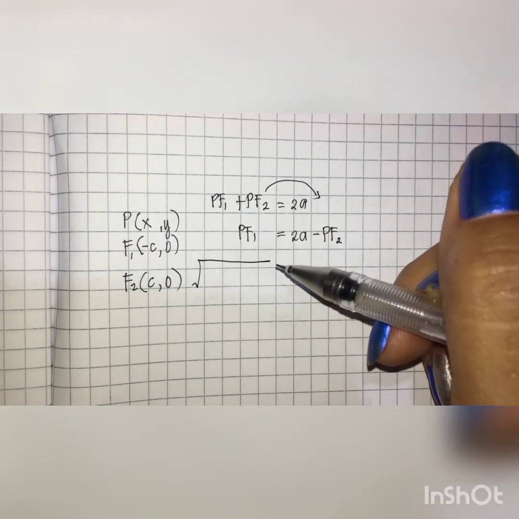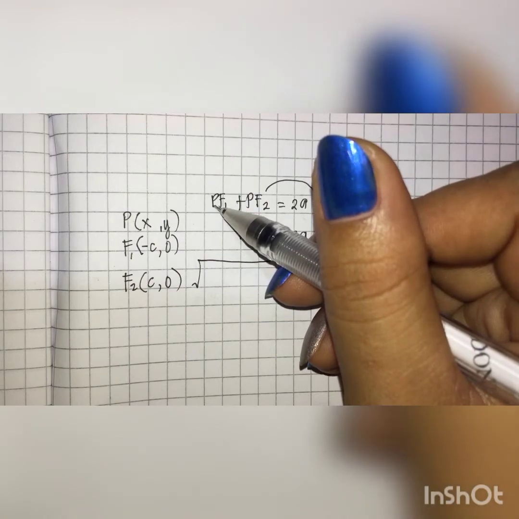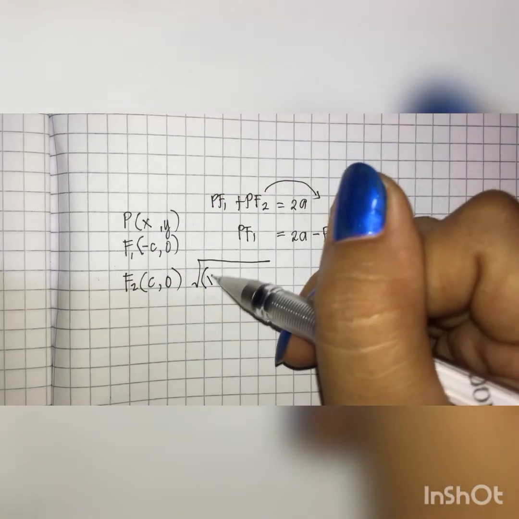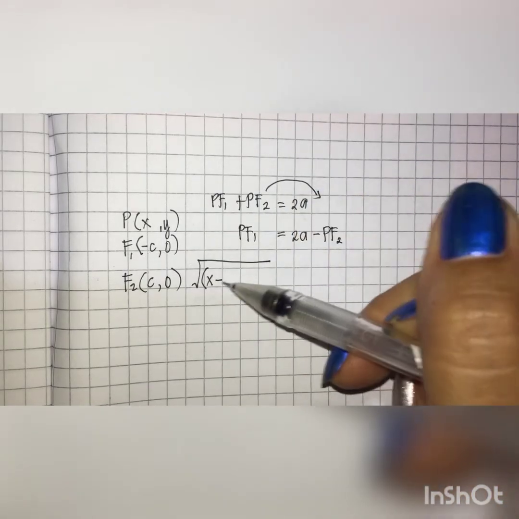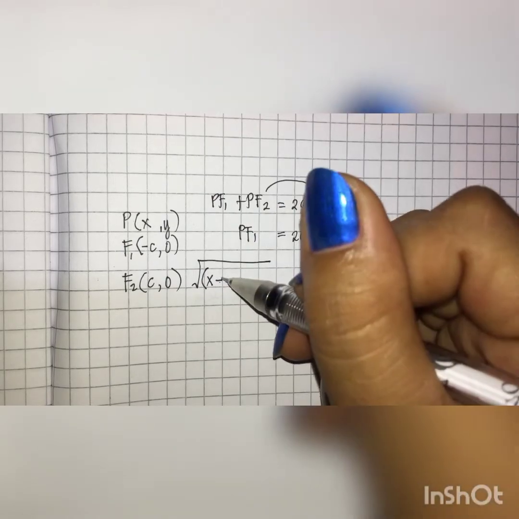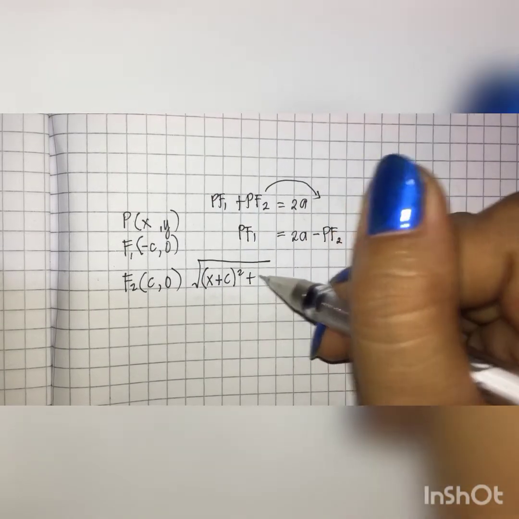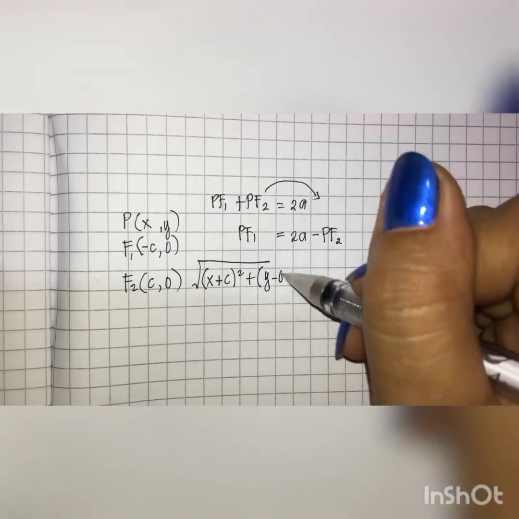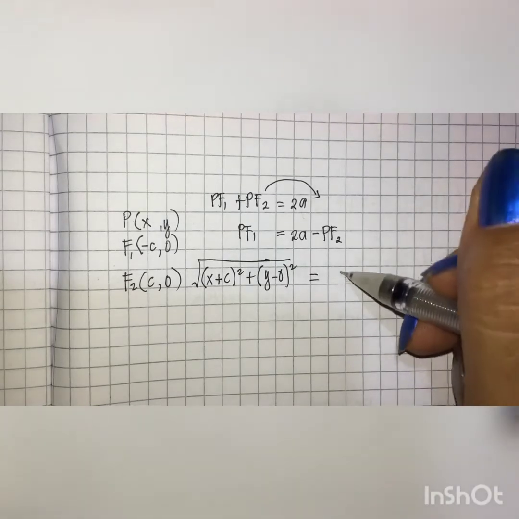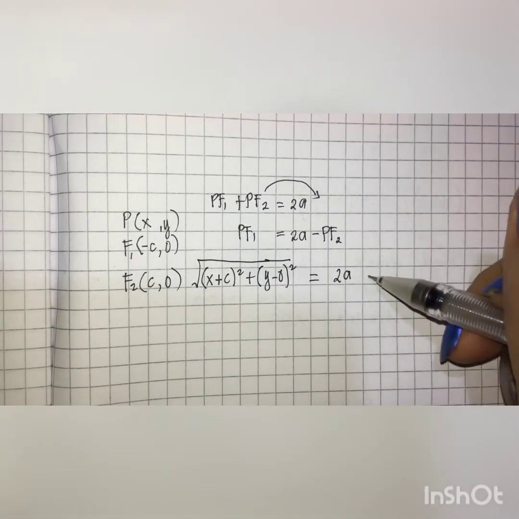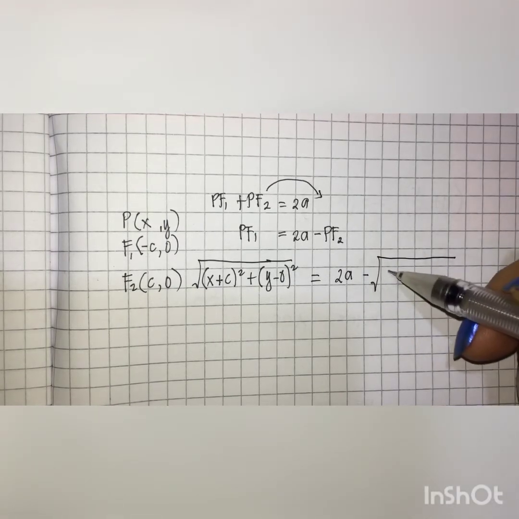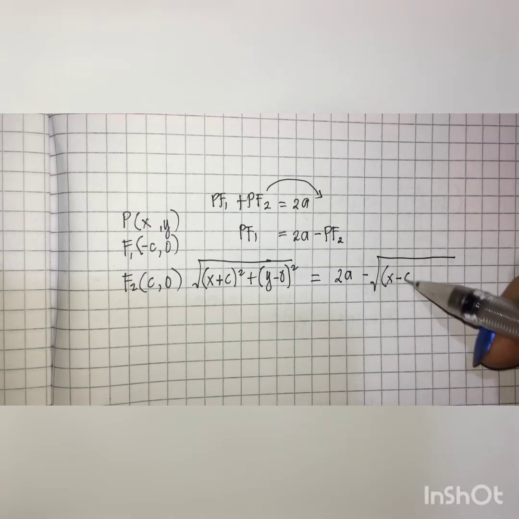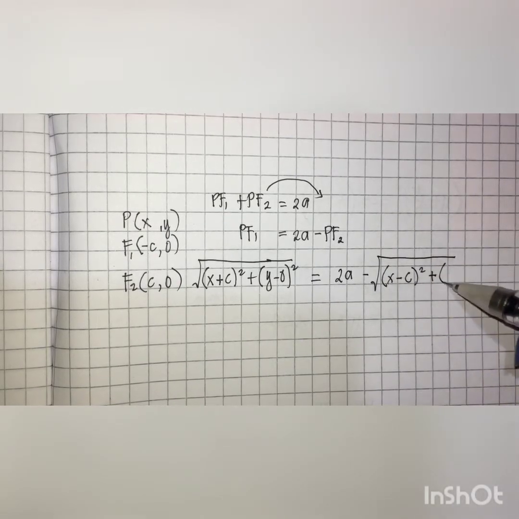So for point P, that is the square root of x minus F sub 1, negative c, so minus negative c becomes positive c, squared, plus y minus 0 squared, which is equal to 2A minus the square root of x minus c squared plus y minus 0 squared.